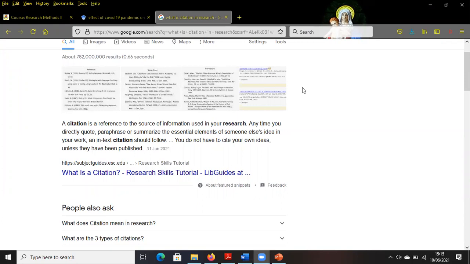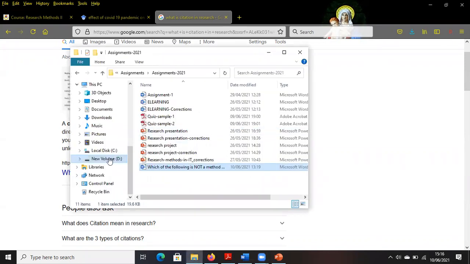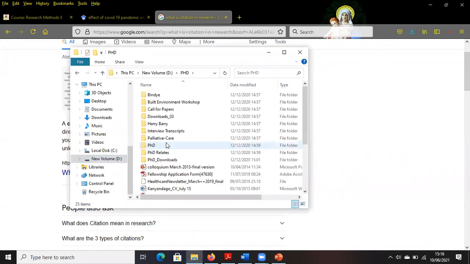Referencing is a formal system of indicating when an author's ideas have been used in an academic writing. That is referencing. Then citation is done within the text. Now, it is not the direct quoting that is citation. It is actually indicating. Let me see if I can pull up something from my work.